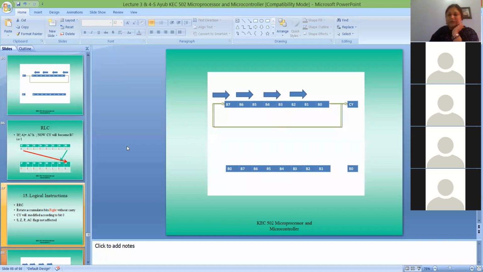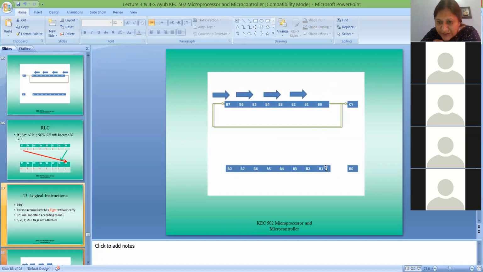We are talking about rotate right without carry. Carry will not interfere in this pattern, but you are rotating right. Rotating right means you are doing it toward the right hand side. So B0 will be thrown out, it will come outside.